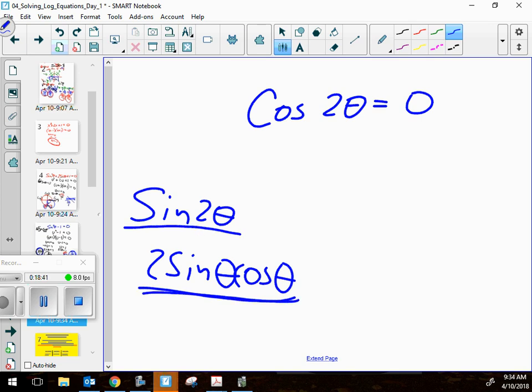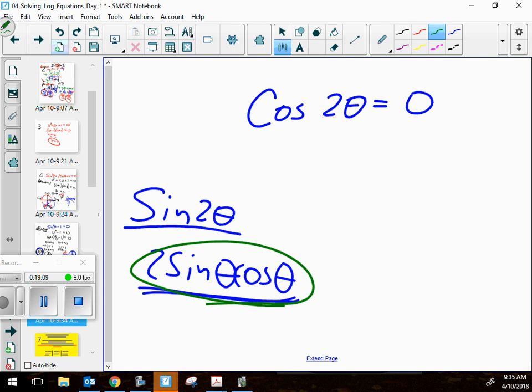Now, I doubt anybody's going to be able to pull up cosine of 2 theta out of their memory banks. Okay, so I'll help you with this one. And you do need to memorize this one. This is not one we're going to tell you for the test, and yet you will need it for the test. So, new one to memorize. They say that on the AP test, this is coming up more often. Sine of 2 theta, having to have that memorized. So you may as well memorize it now. 2 sine cosine.